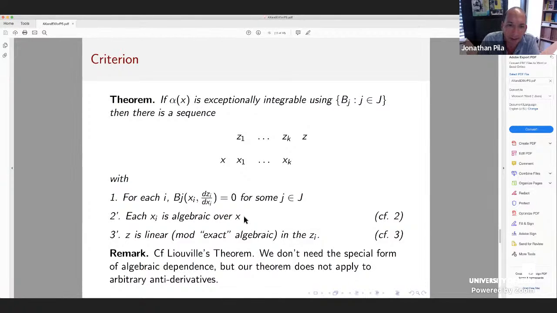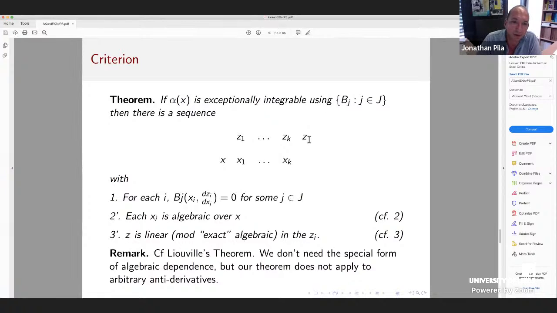So again, if you like, you only need logs. To go from X, you just append algebraic things, take their abelian logarithms, and then you're linear over that. So you again never need exponentials, so to speak, to do your exceptional integration.